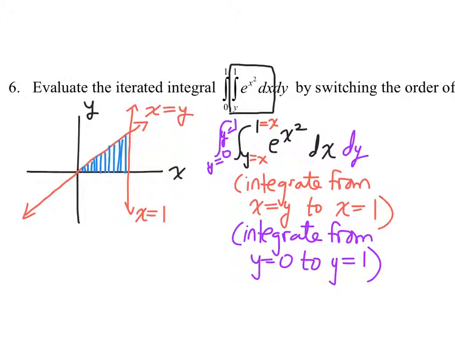All right, y equals 0 is the horizontal axis, and y equals 1 would be this horizontal line.